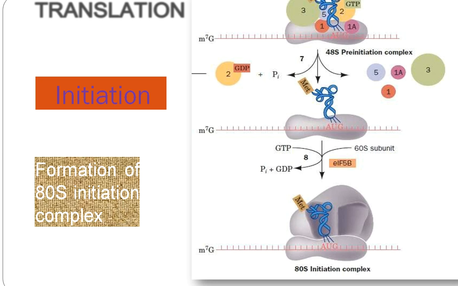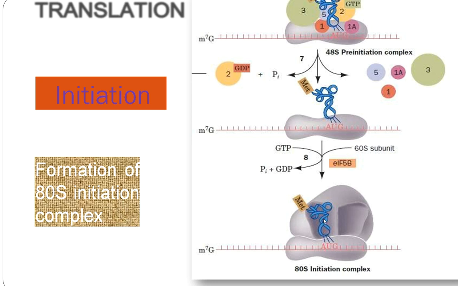At this point, methionine tRNA is on the P site of the ribosome to start the elongation. Here you can see, this is the E site, this is the P site and this is the A site.